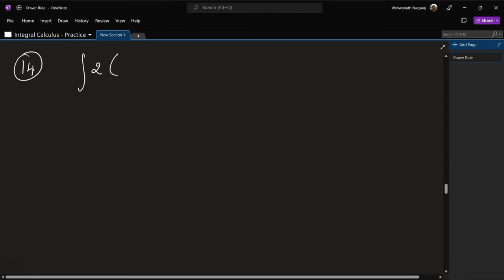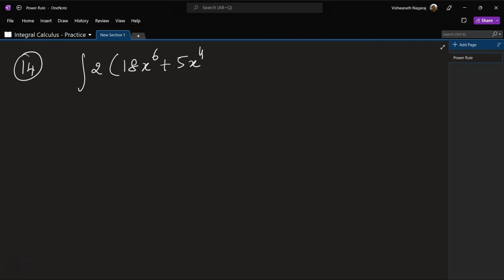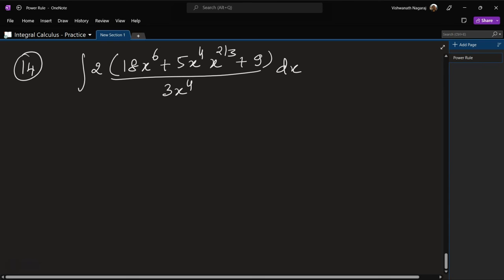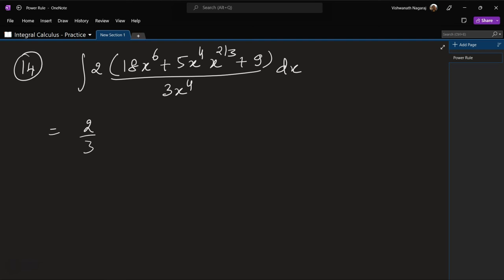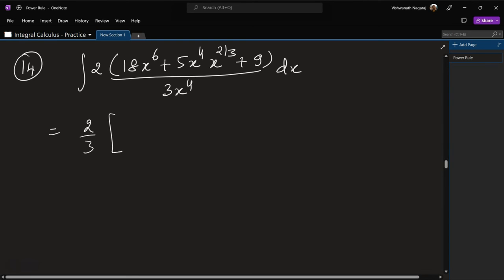2 times 18x to the power of 6 plus 5x to the power of 4 plus 2 by 3, plus 9, divided by 3x to the power of 4 dx, which gives us this 2 by 3 we can take it out, right?